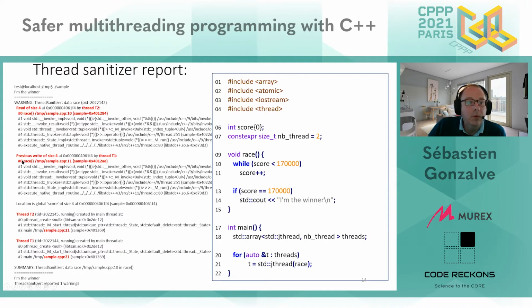And there was a race with line 11, from thread 1. So we can easily understand here that, for sure, incrementing the score while reading it in the while loop has some unexpected behavior, let's say.